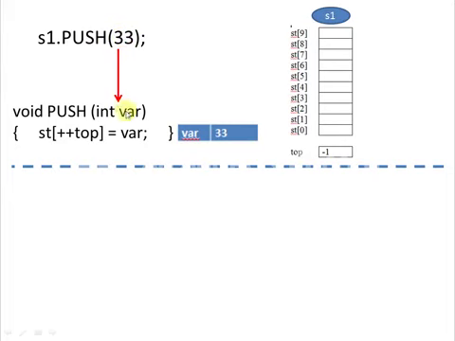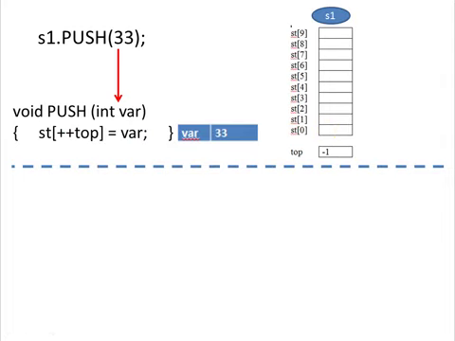Let's say we want to push 33 into the stack. 33 will be passed to var. The memory of var will become 33, and this 33 will be stored in the location of top. Top has a prefix notation for incrementation, so it will increment itself first from -1 to 0, and then at st of 0 location 33 will be stored.